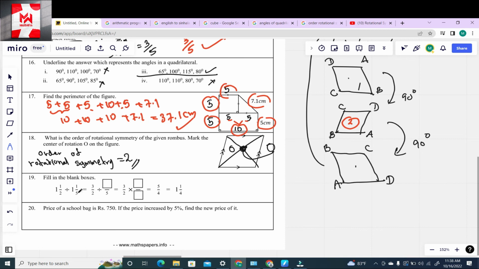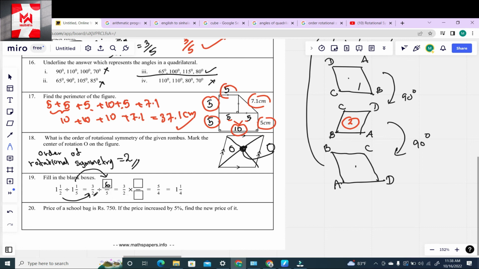Question 19: fill in the blanks in the boxes. You convert this mixed fraction into an improper fraction. So 2 into 1, 2, 2 plus 1 is 3, 3 over 2, divided by 5 into 1, 5, 5 plus 1 it's 6, 6 over 5.